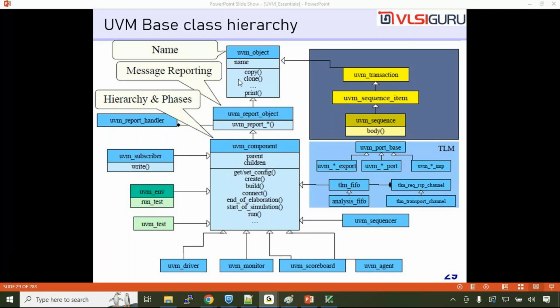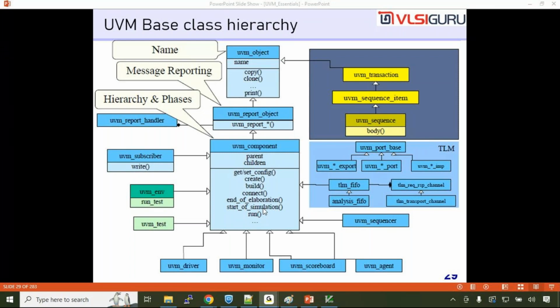Name is there. Report object is not a property, it's a method, because as you see brackets, it becomes a method. Parent and children. So how many properties are there in monitor? Three properties. How many methods? Around six methods here. Dotted means continuation is there, some more methods. Almost 15 to 20 methods are there.